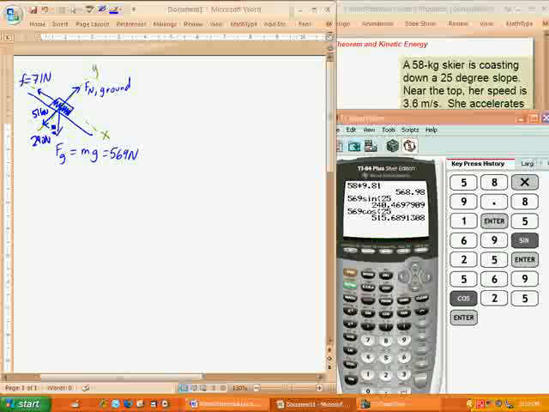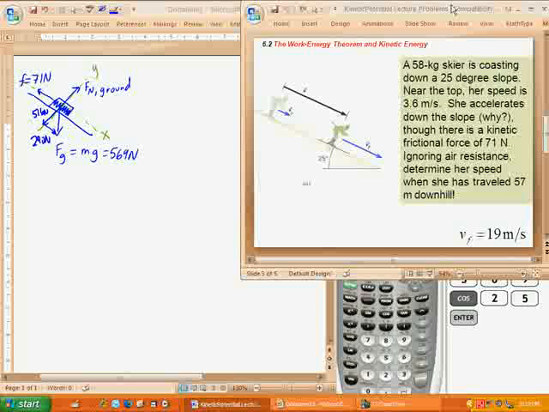Now, since we have a force, and since there is displacement down the slope, we know that there has been some work. And since the question is asking about a velocity, work is related to velocity through the work energy theorem, with kinetic energy. So we will apply that and work through the problem.